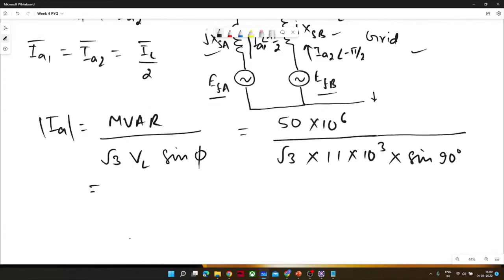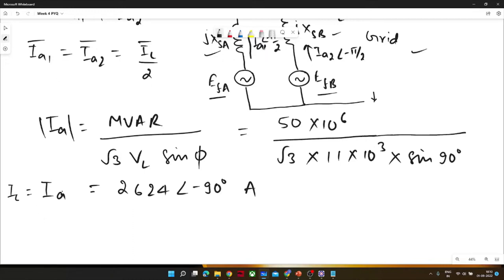If not, let us calculate, or I have the calculated value here. That would come out to be 2624 angle minus 90 degree. That would be IA, sorry, IL. We use IA and IL as the same, because it is the armature current, as it is most often referred to.